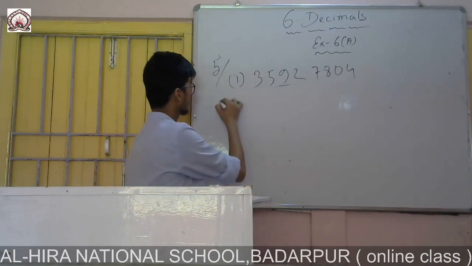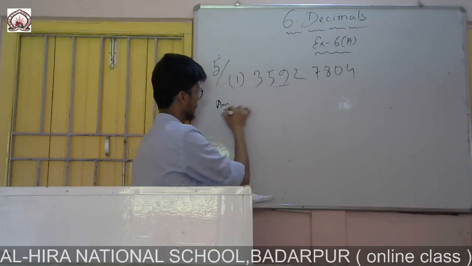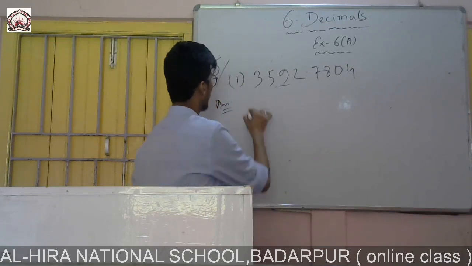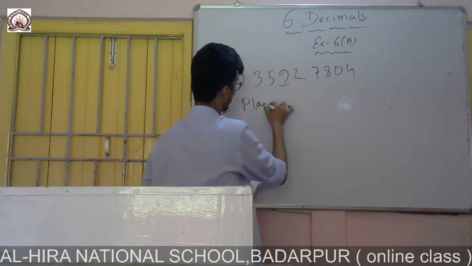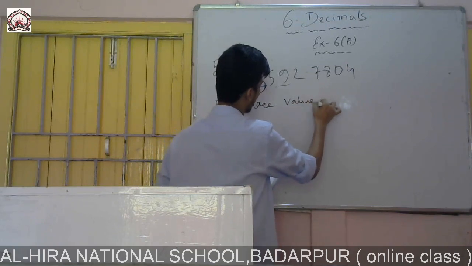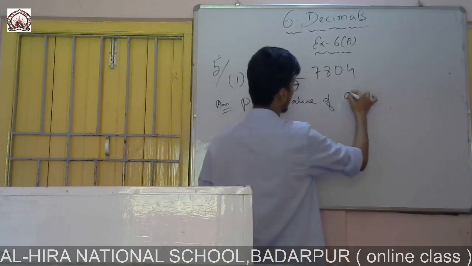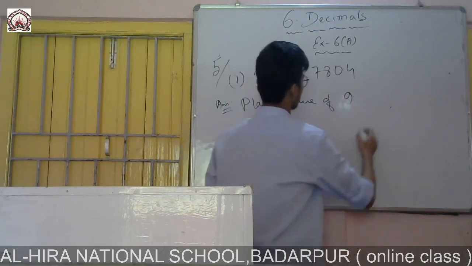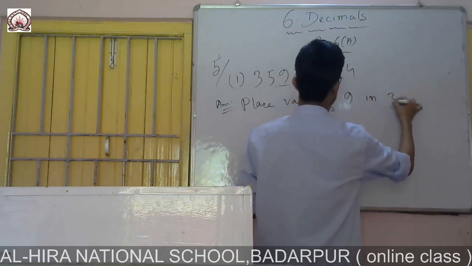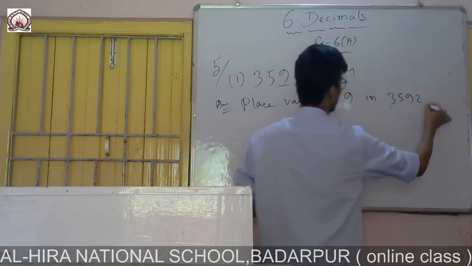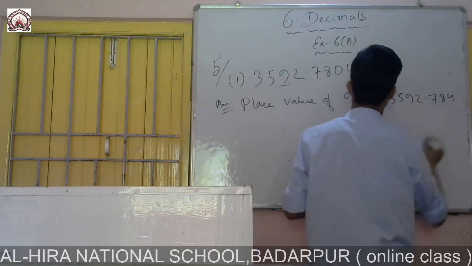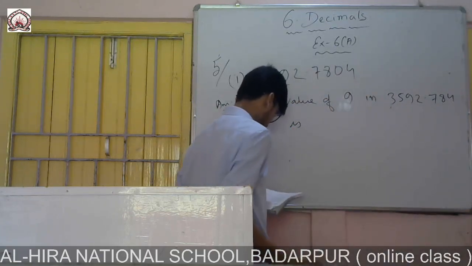So you write, place value of 9 in 3592.7804. What is the place value?